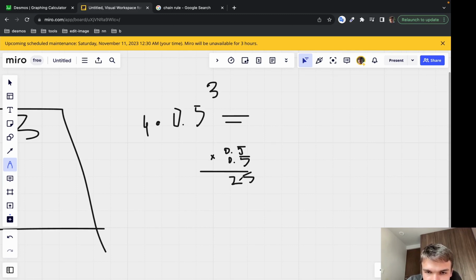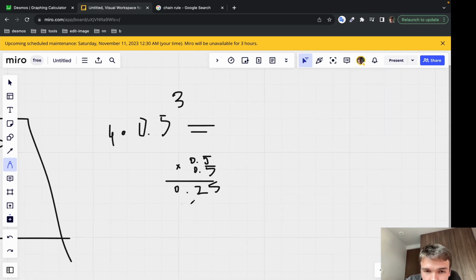Okay, 25, and then we have one digit after the dot and a second after the dot, so it's going to be 0.25, because we have two of them. And 0.25 is simply 0.5 squared, but we need 0.5 cubed.